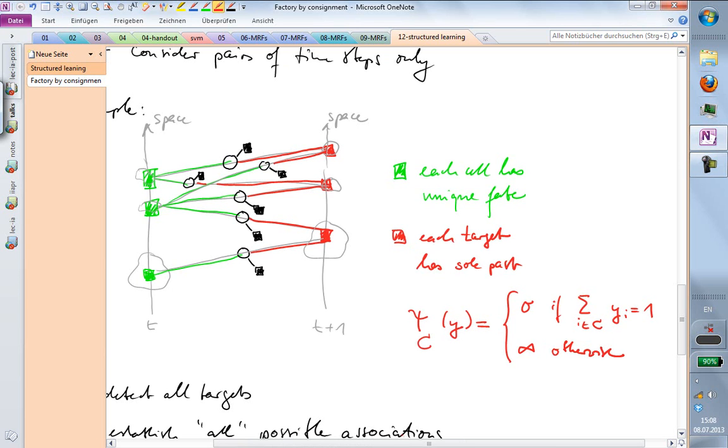Now, can you imagine how one would deal with appearances or disappearances? I haven't quite understood. So you would introduce some new kind of factor?